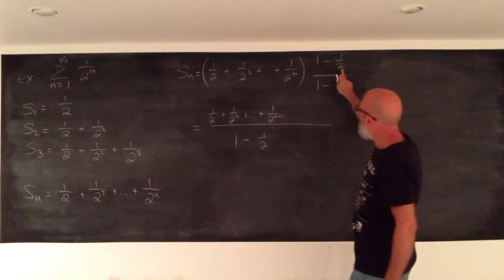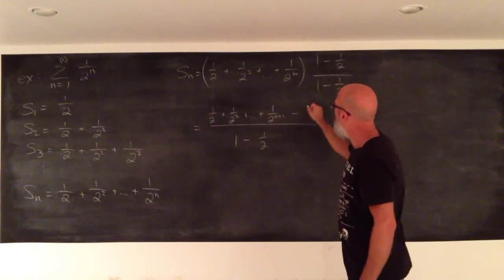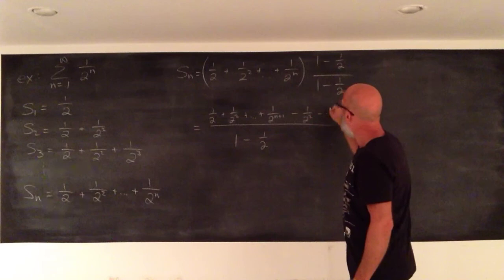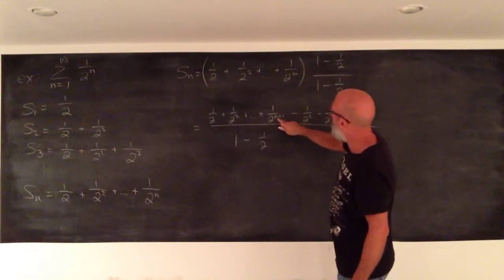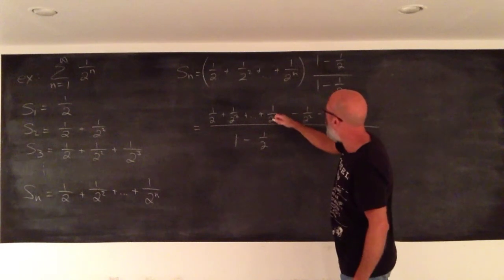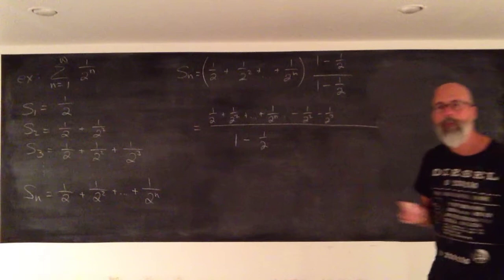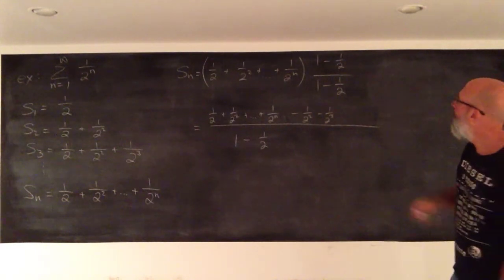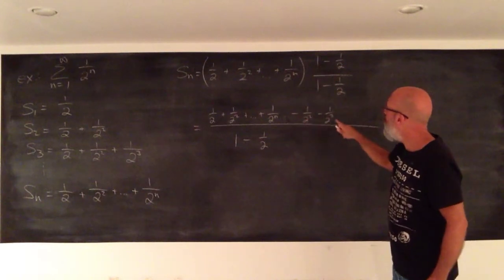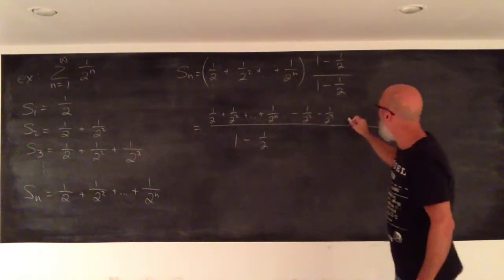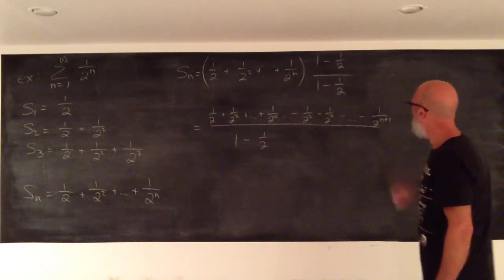And then let's multiply everything by 1/2, subtracting the whole thing. So minus 1/2 squared, minus 1/2 cubed, all the way, this is where the 1 over 2 to the n plus 1 comes in.